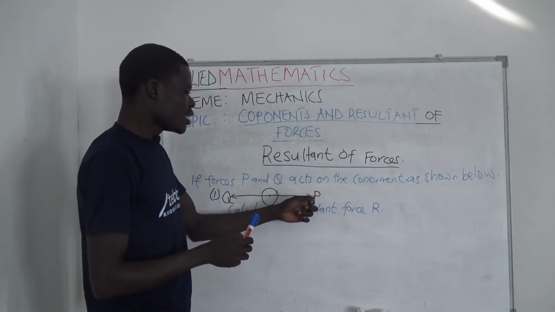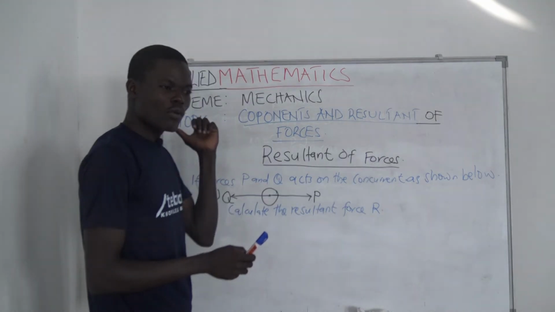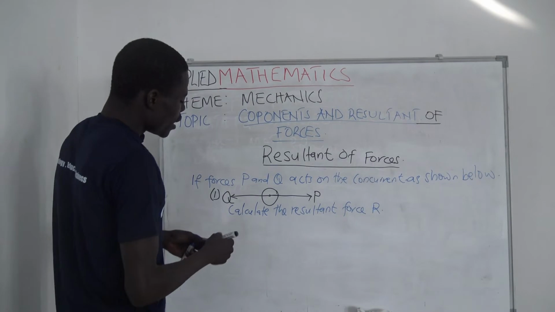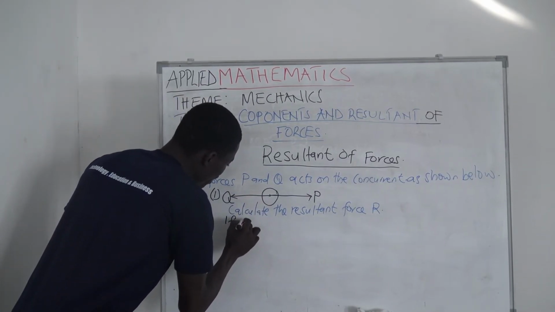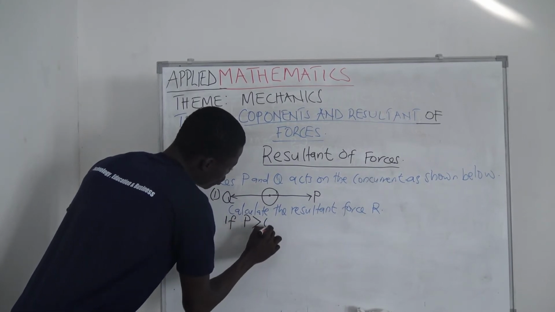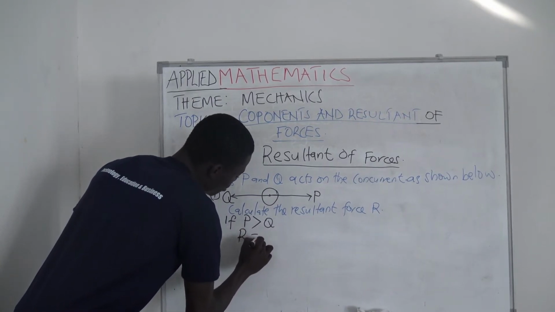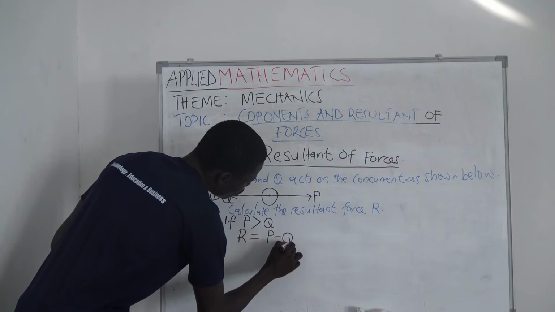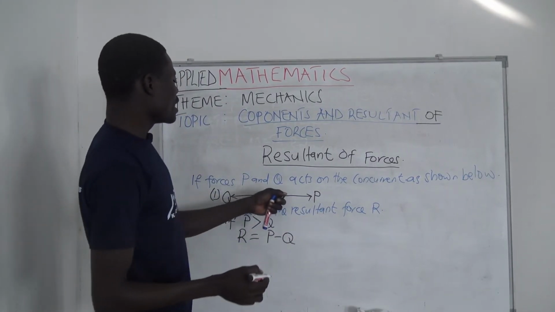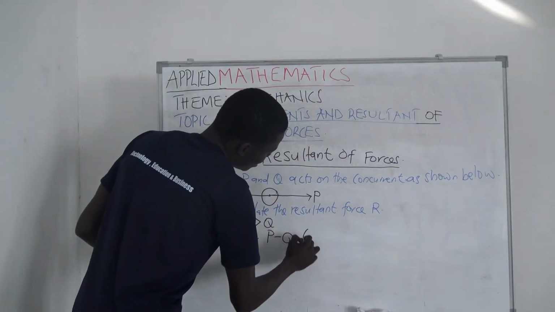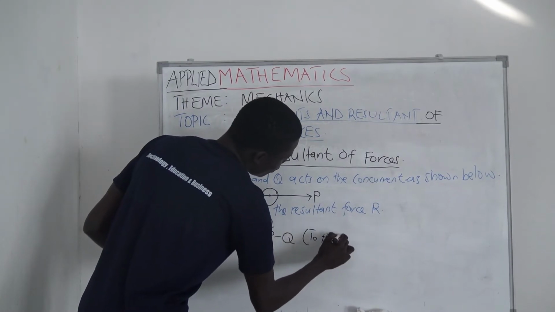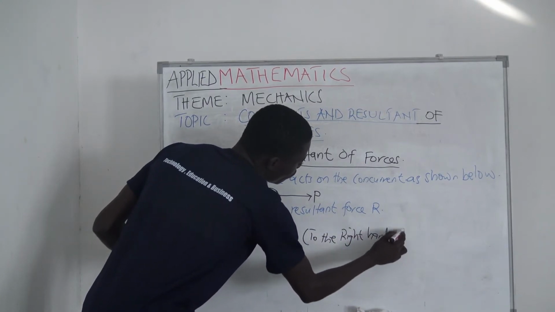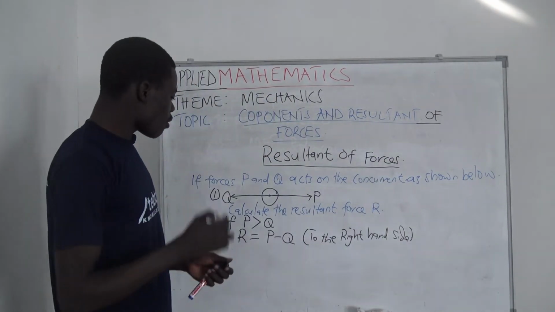But if Q is greater than P, then you move in the direction of Q. So here we shall say if P is greater than Q, our resultant force R will be given by P minus Q. Since P is bigger than Q, we shall move to the right hand side.